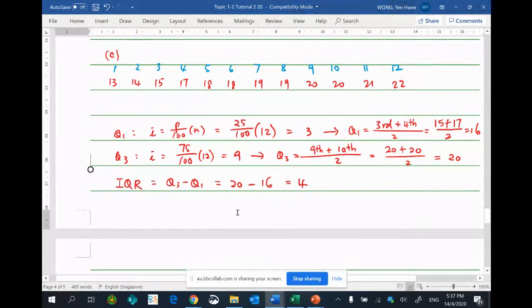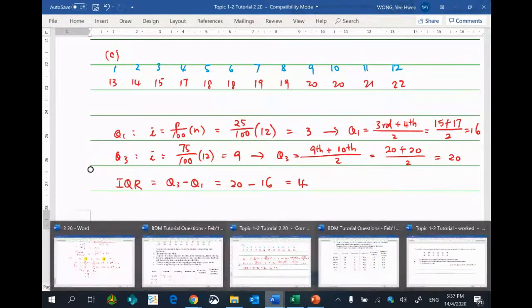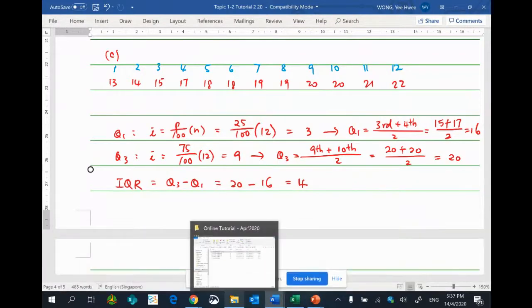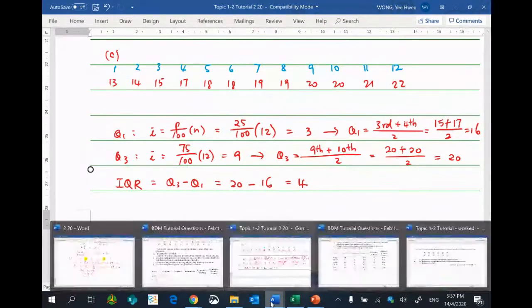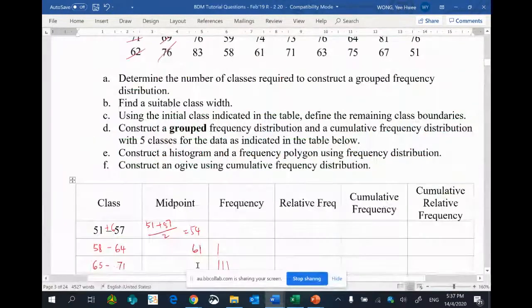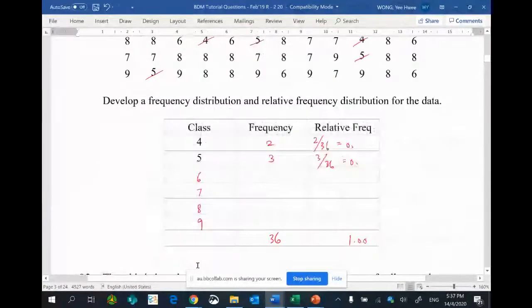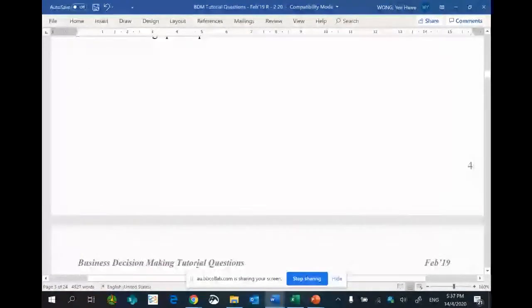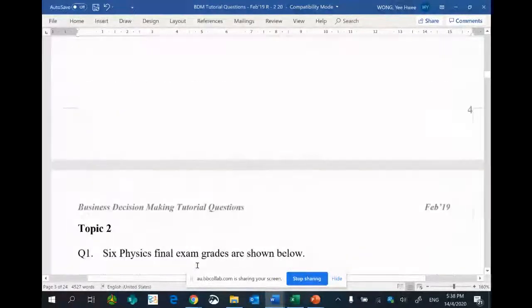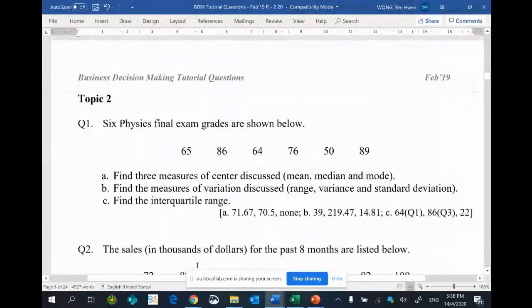Okay, now I want you to look at this set of data together with the set of data that you have in your tutorial. This is your tutorial, right?